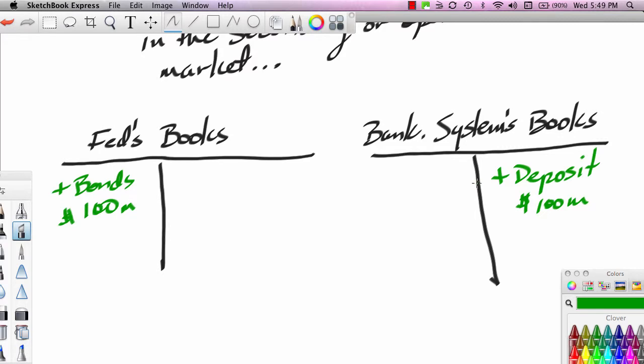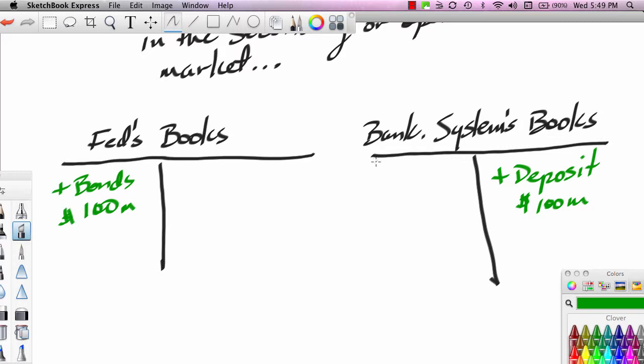Way back early in our money and banking principles, what did we say? We said that the primary form of money is deposits. The Fed just created a $100 million deposit out of thin air.